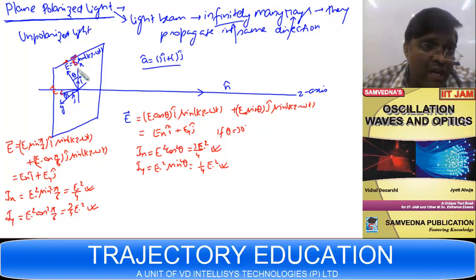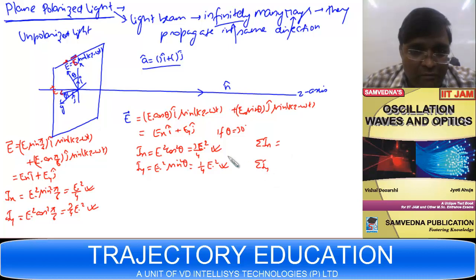So in this case your Ix is higher, in this case your Iy is higher. If you add these two, the sum of Ix and the sum of Iy, I break all the fields like this, E x i and E y j, and see the contribution in Ix and Iy. What do I say?